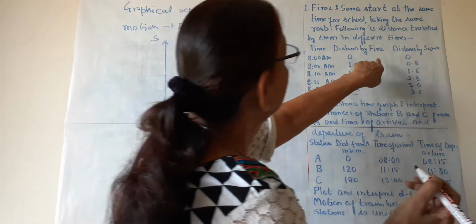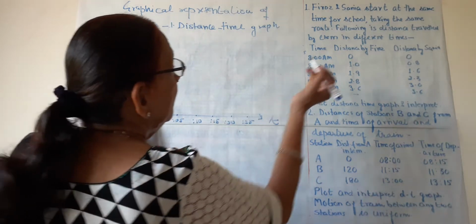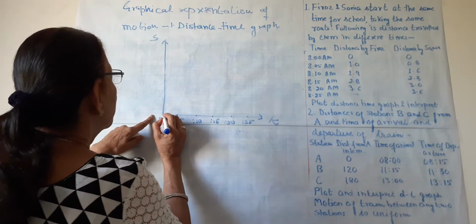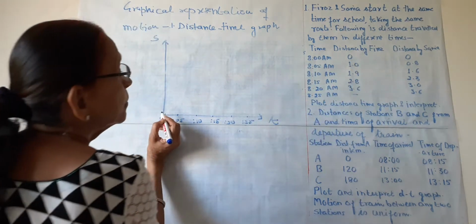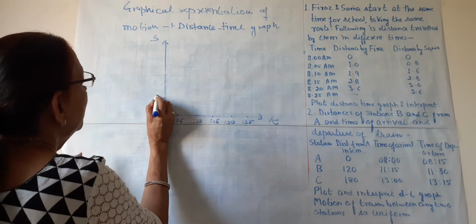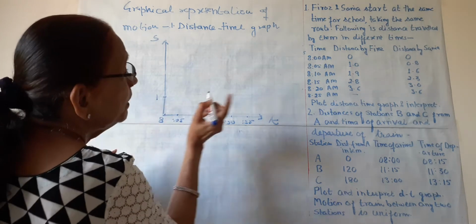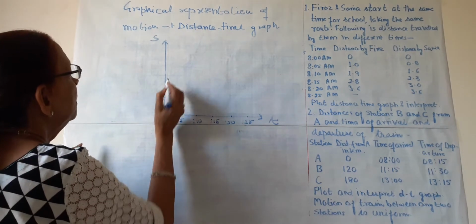Now for distance covered by Firoz. At 8 o'clock, Firoz was at 0. At 8:05, I should write 1 kilometer. Is this in kilometer or what? So suppose this is in kilometer.